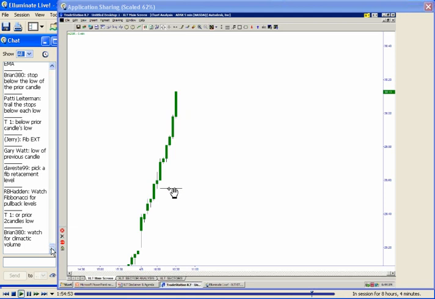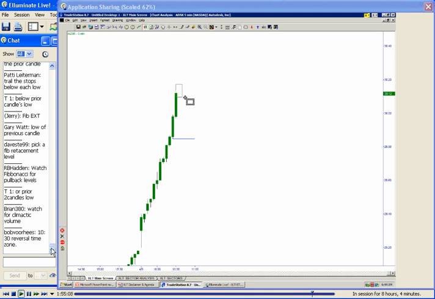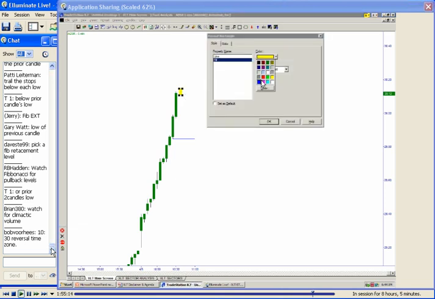So as this thing goes ballistic like this, I'm just going to keep moving my stop up underneath the low of each next candlestick that forms. Okay, so right now my stop would be right there. And oftentimes what you'll see is this. When it actually does reverse, you'll see it start to narrow, a narrow range candle.